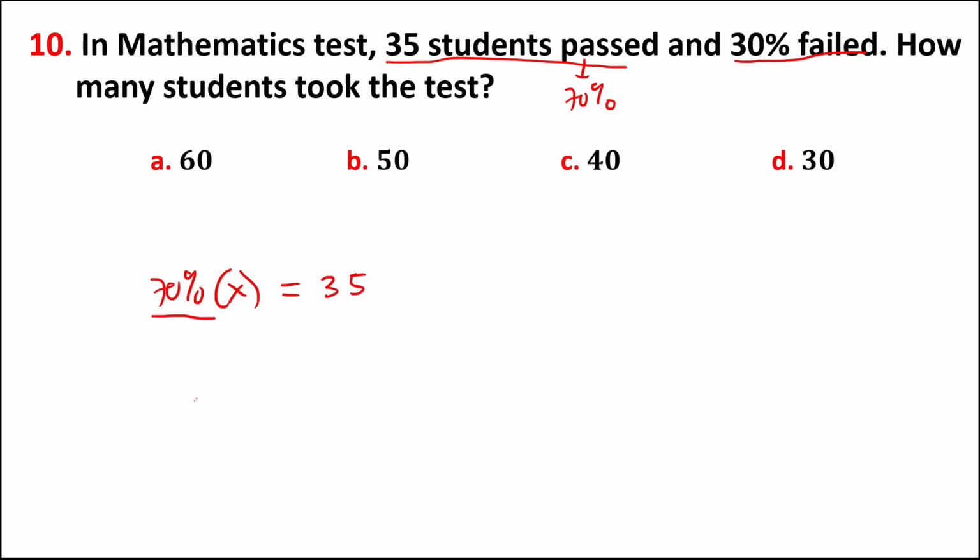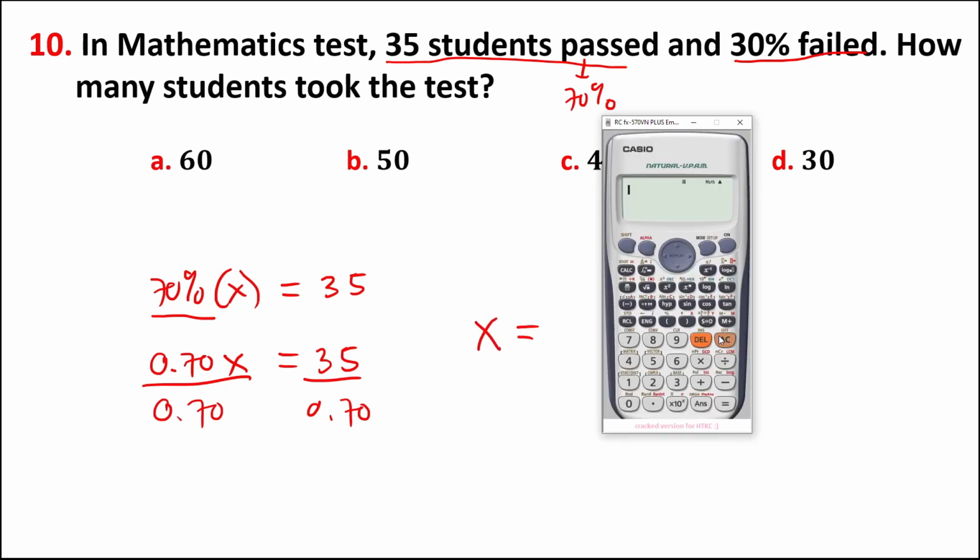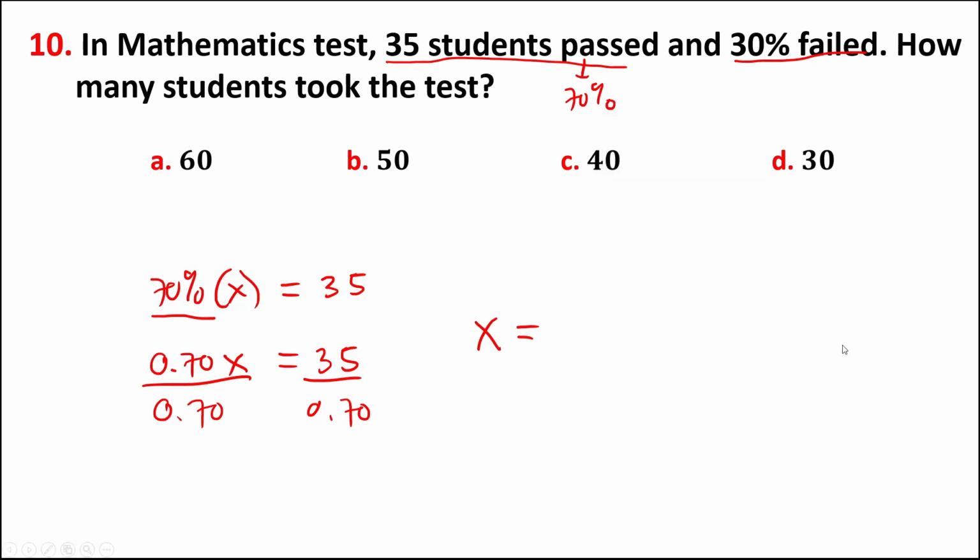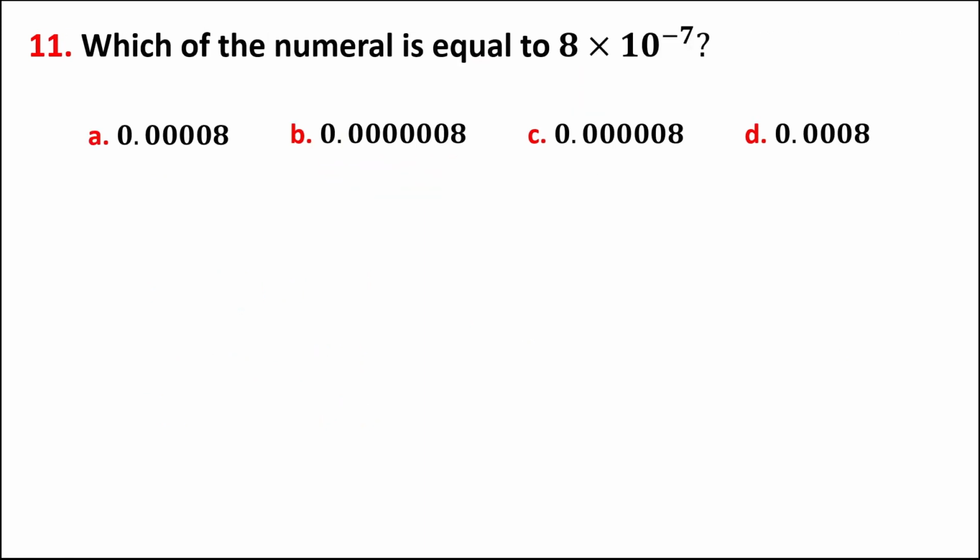Then this 70% in decimal, that's 0.70x equals 35. Then divide this one by 0.70. So x equals 35 divided by 0.7. So x equals 50.